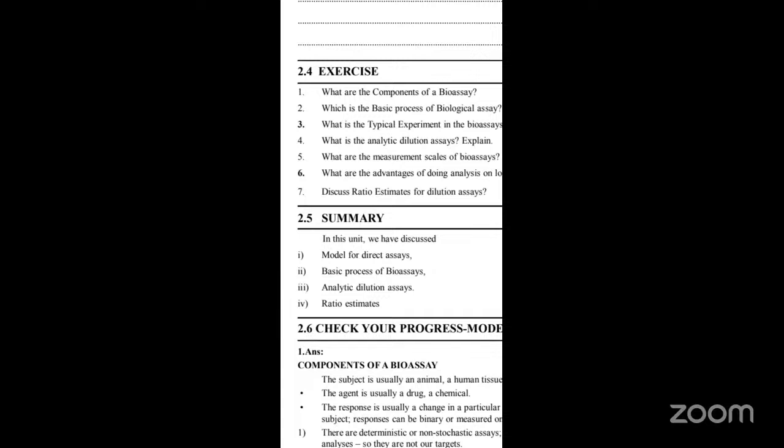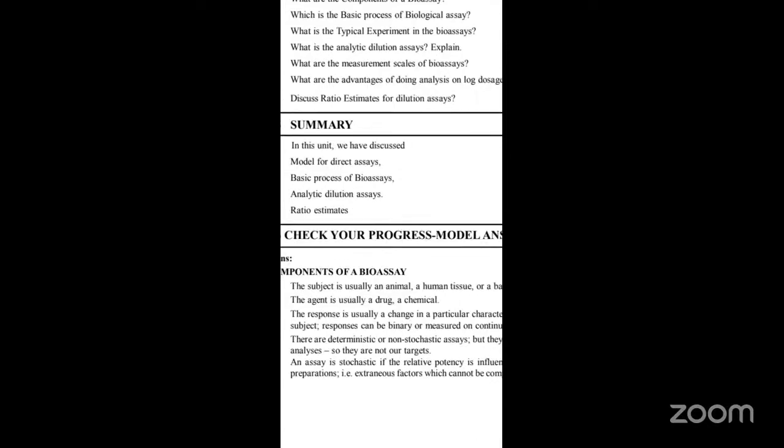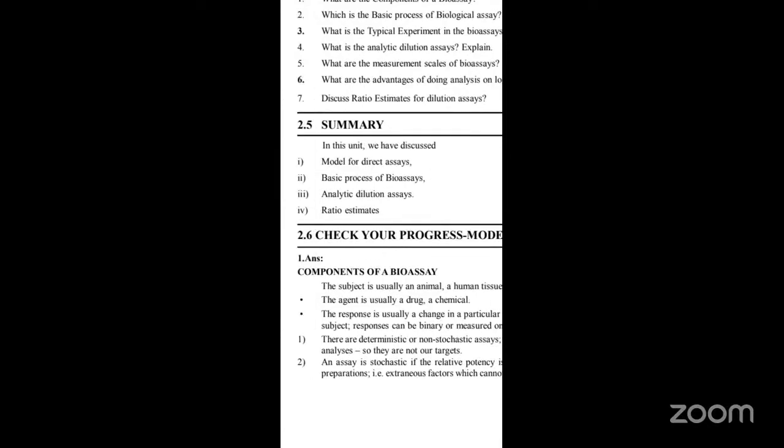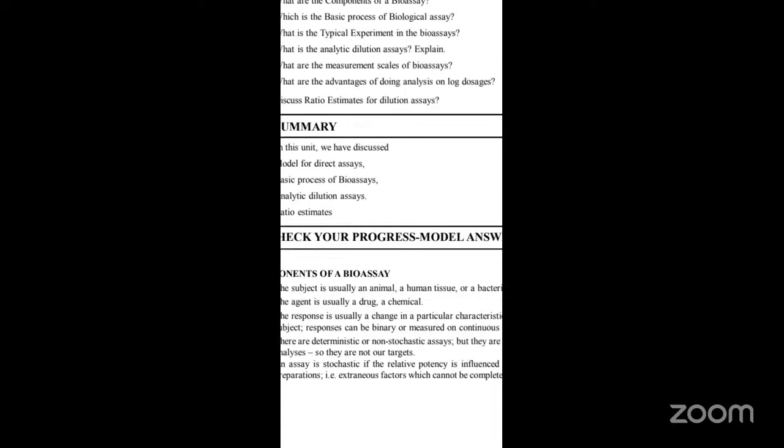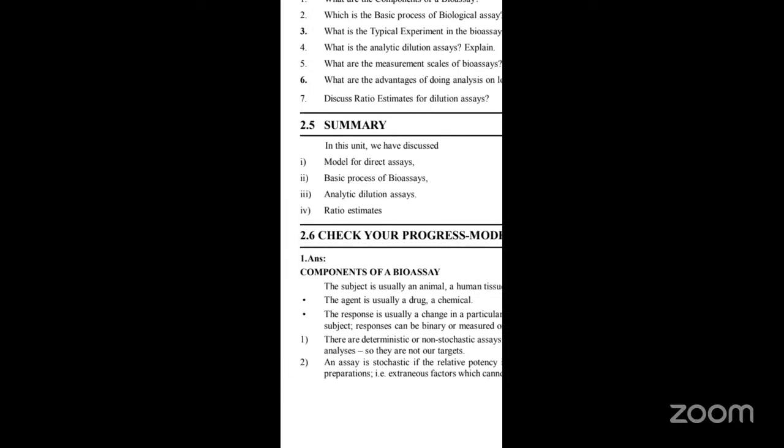Discuss ratio estimates or dilution assays. So here, basic process of bioassays, analytical dilution assays, ratio estimates. So here, components of a bioassay: the subject is usually an animal, a human tissue, or a bacteria culture. The agent is usually a drug or chemical.